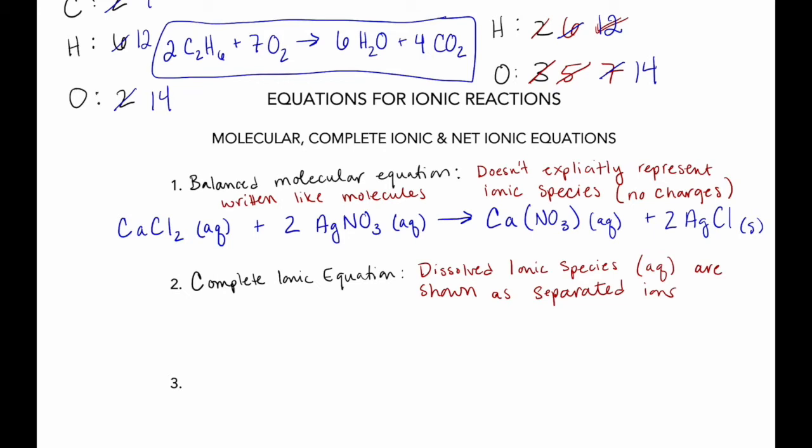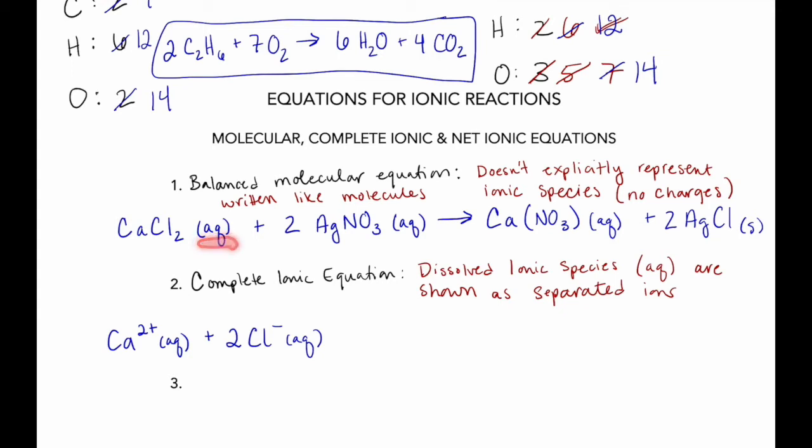So the first compound was calcium chloride. It's aqueous, right? It has this in parentheses next to it. So what that means is I'm going to separate the calcium and show its charge with a little aqueous symbol next to it. And I'm going to separate it from the chloride. Now, I've got 2 chlorine atoms here, or ions. So I'm going to say I've got 2 Cl minus aqueous.